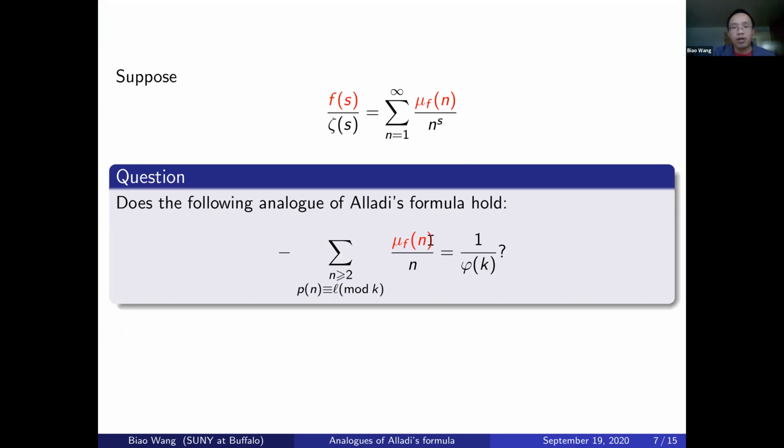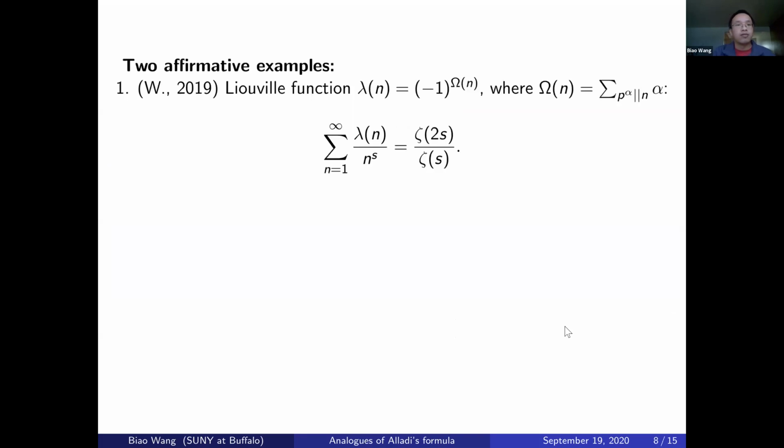In other words, what if we replace the Mobius function by other arithmetic functions? So that's my question. In general, the answer is no. For example, you can consider this function. But for many interesting functions, the answer is yes.